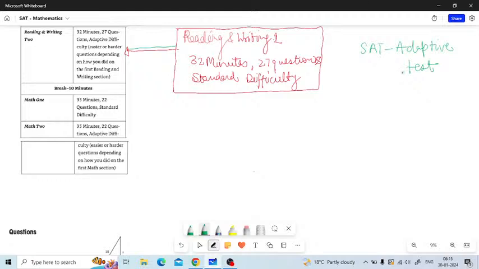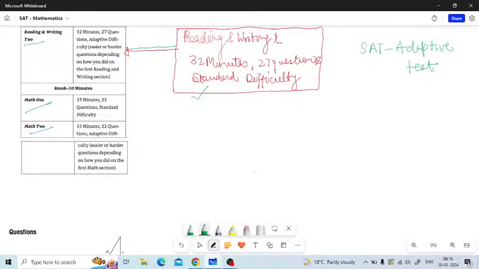The second modules of both the reading and writing sections and the math sections will change in difficulty based on how a student did on the first modules of each section. There are two sections in reading and writing, and two sections in mathematics, math 1 and math 2.